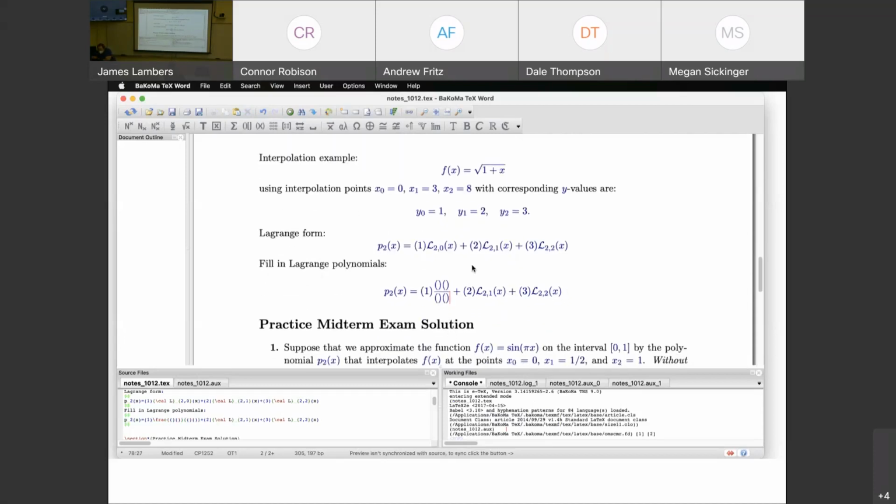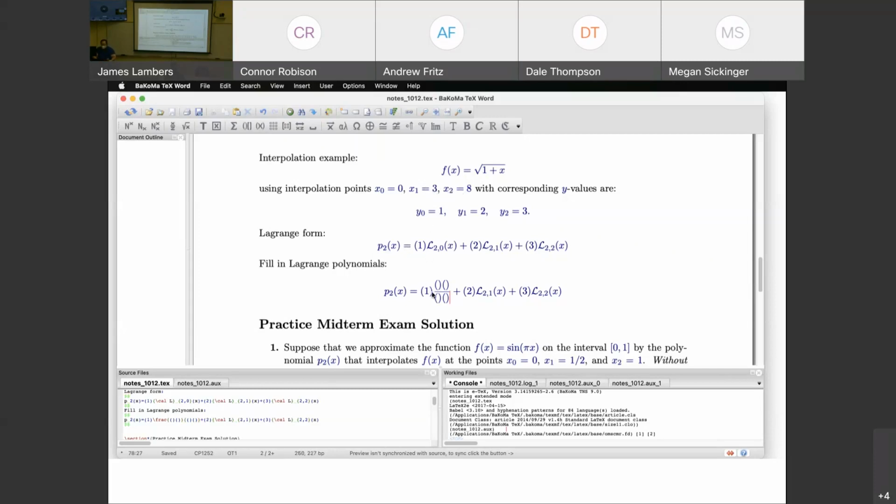Now, the way this gets filled in, this first term corresponds to x0, which is 0, whereas the other interpolation points are 3 and 8.